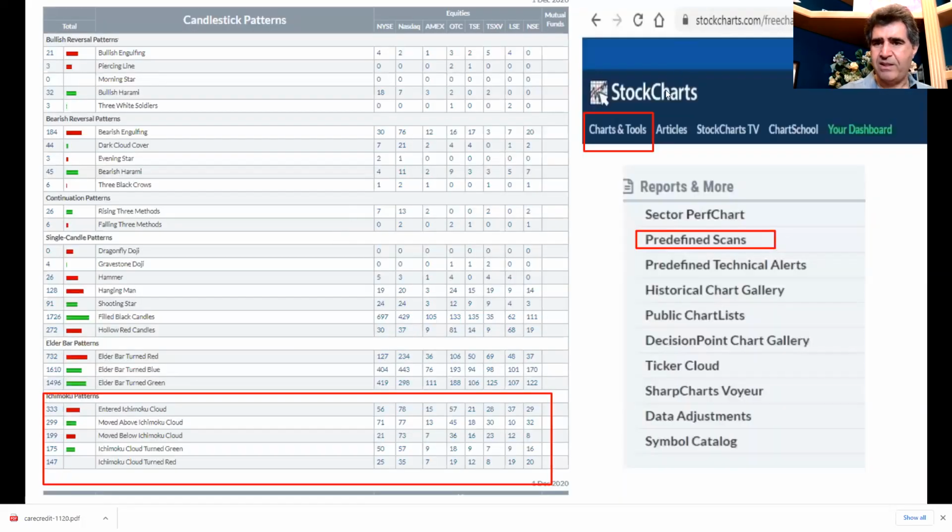I have mentioned that if you go to stockcharts.com, under Charts and Tools, a little to the right side and down, there's something called Reports and More. It's wonderful. Again, StockCharts, I'm one of the big fans of them. There are predefined scans, and if you're into point and figure, there are scans for that.